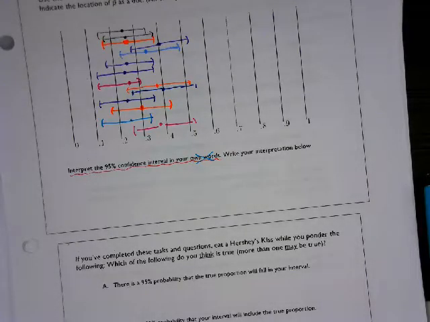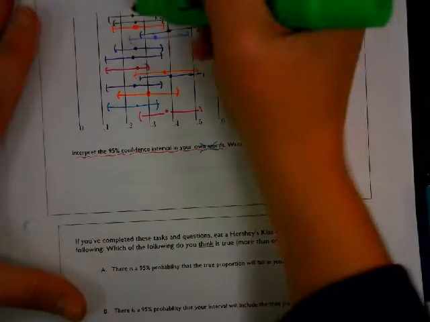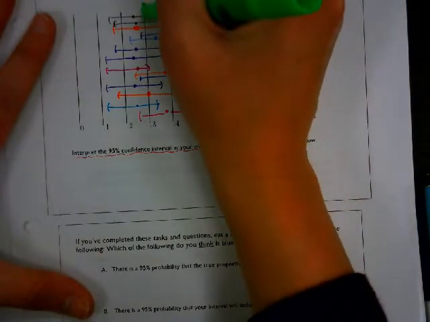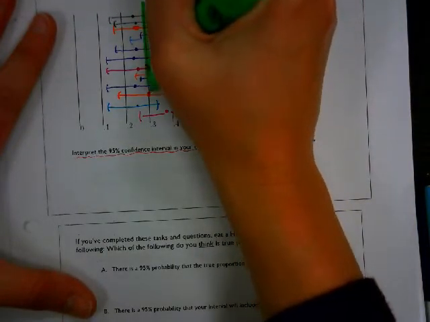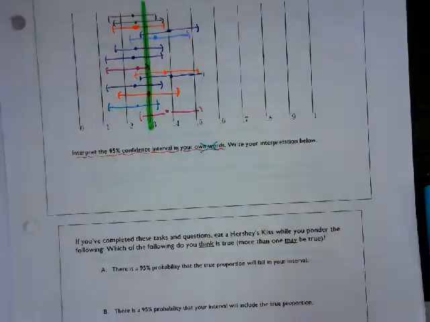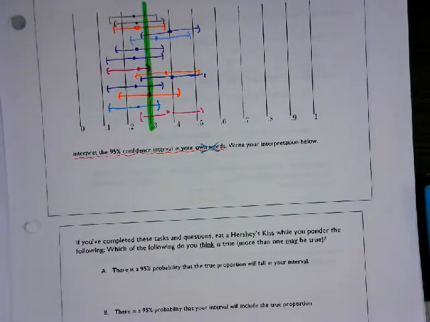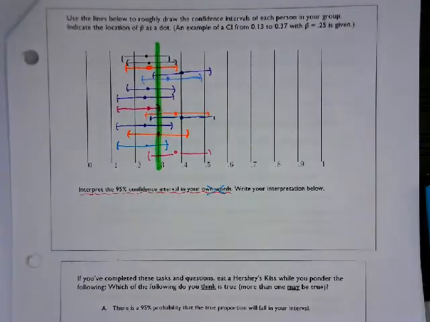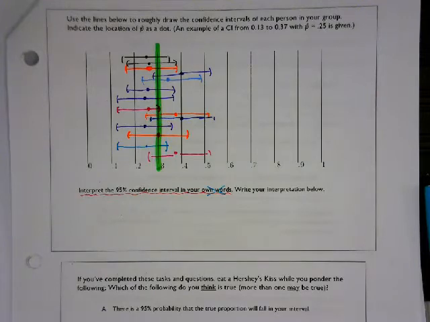So notice everybody that came up here hit the true proportion. And remember yesterday I showed you with the applet that a 95% confidence interval would have about 95% of the intervals actually capture it. The only one is this pink one here. Just barely captured it, but we have 100%.